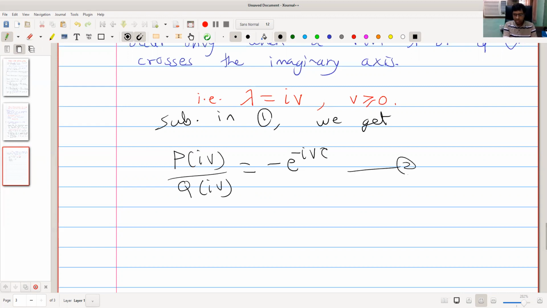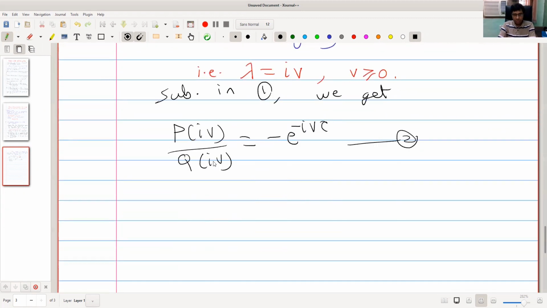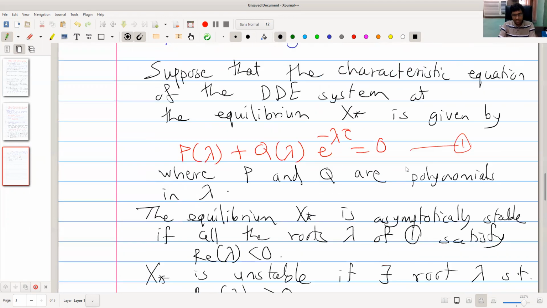So we are dividing by q of iv. What happens if q of iv is 0? In that case, we will not divide. If we substitute lambda equal to iv and q of iv is 0, then the second term is 0. So simply we get p of lambda equal to 0.